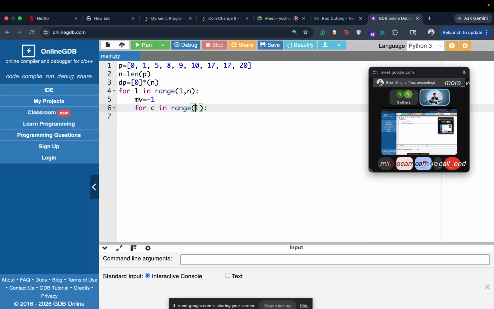So basically I am cutting from 1 to L plus 1. L plus 1 means if I have to cut 1, I am cutting from 1 plus 1, 2. I am putting it here 2 so that it can cut at least 1. Are you understanding?